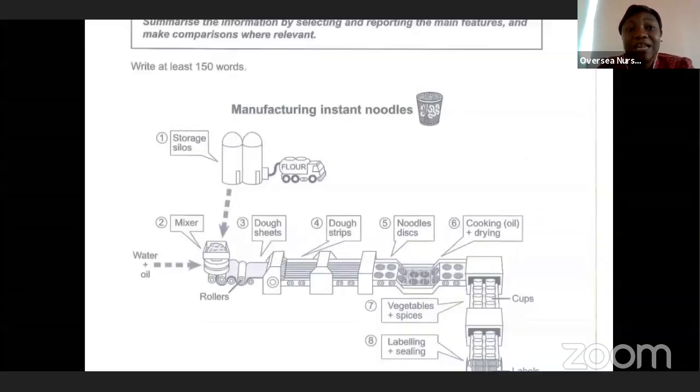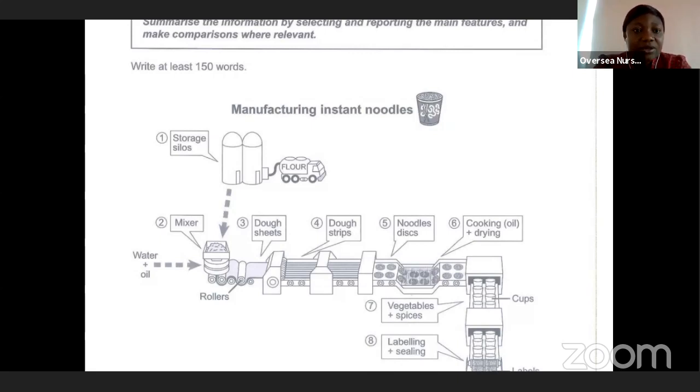Underline your keywords, all right? Then you get your synonyms, you paraphrase, and you get an overall statement, which makes your first paragraph. Your second paragraph and your third paragraph, which is like the main body of your write-up, is going to be based on what you can identify from here.